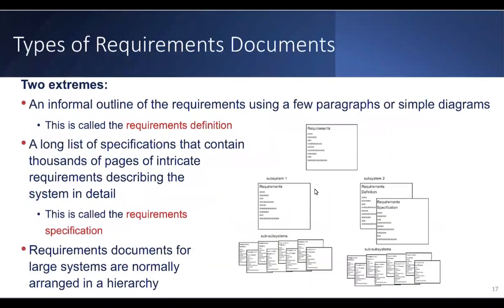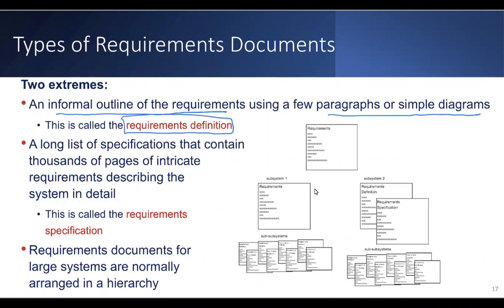What type of requirement documents can we obtain in the entire requirement engineering process? We have actually two extremes. The first one is an informal outline of the requirements, and this could be done using a few paragraphs or just simple diagrams. We call this requirements definition. So requirement definition is just an informal outline of the requirements.